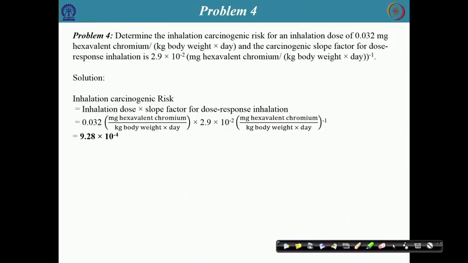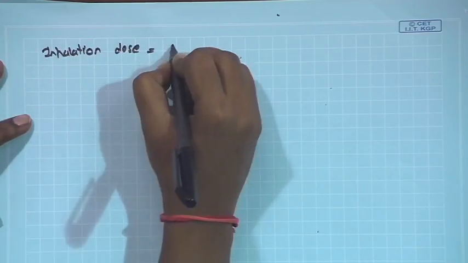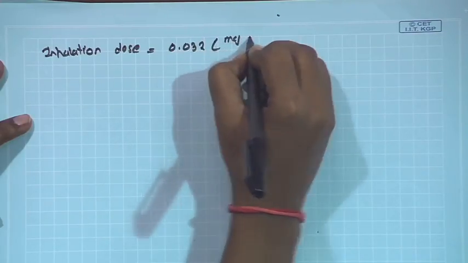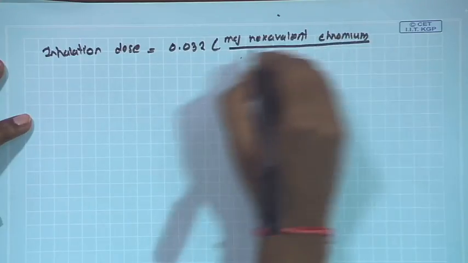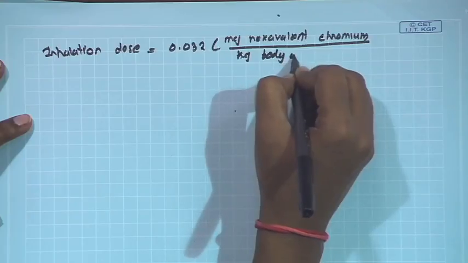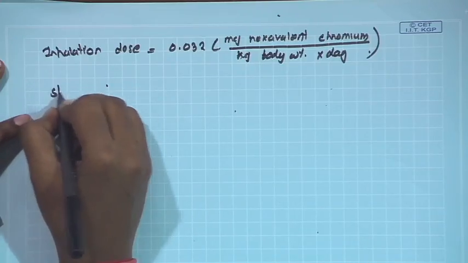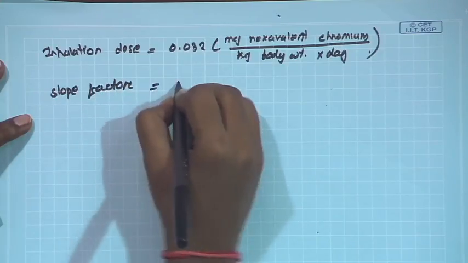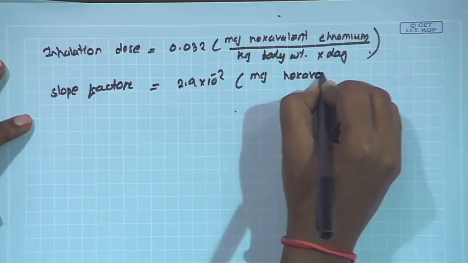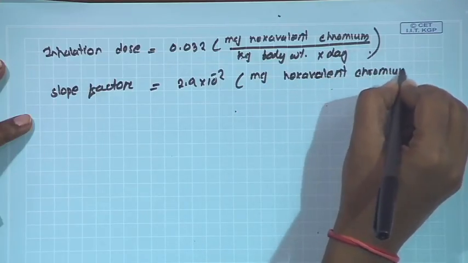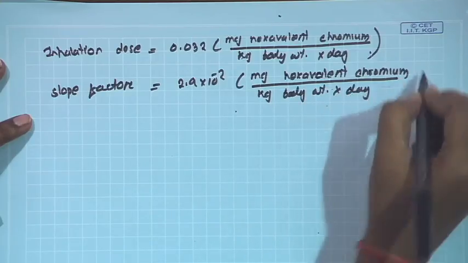So, in the question it is given that the inhalation dose is 0.032 milligram hexavalent chromium per kg body weight per day, and the slope factor for dose response inhalation is 2.9 into 10 to the power minus 2 milligram of hexavalent chromium per kg body weight per day, whole inverse.